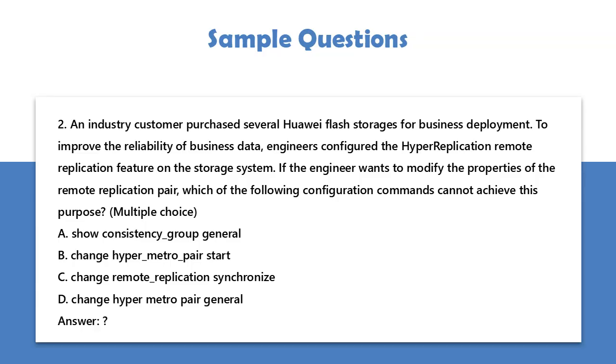Multiple choice. A. Show consistency_group general. B. Change hyper_metro_pair start. C. Change remote_replication synchronize. D. Change hyper_metro_pair general.